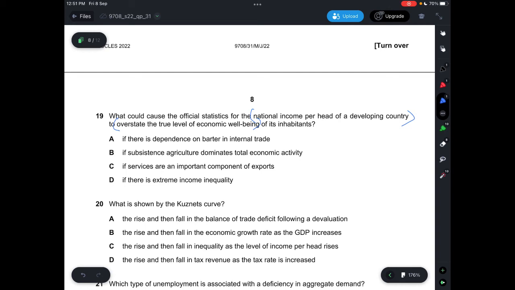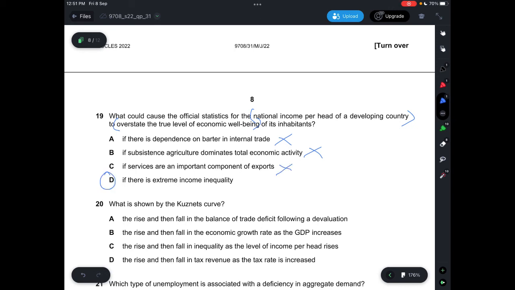A, it says if there's dependence on barter in internal trade, which is incorrect. And B, if subsistence agriculture dominates total economic activity, which is incorrect. And C, if services are an important component of exports, which is incorrect. And so 19, it should be D, if there's extreme income inequality.